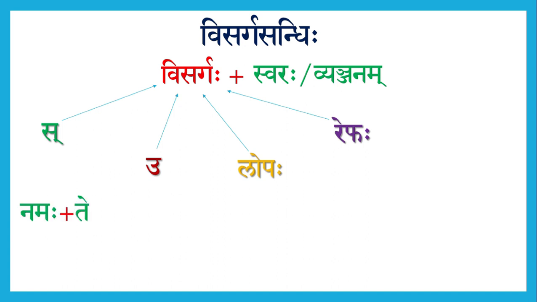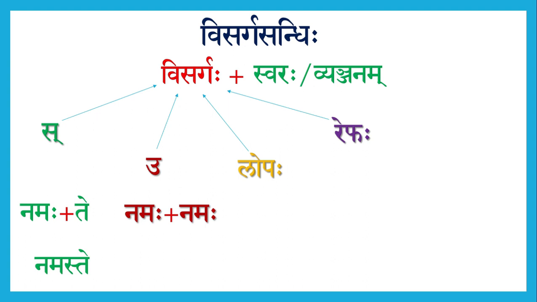For sakaradeshaha, we have got namaha plus te. Here, in the place of visarga, we must add the letter sa. Therefore, it becomes namaste. For the second type, we have namaha plus namaha.